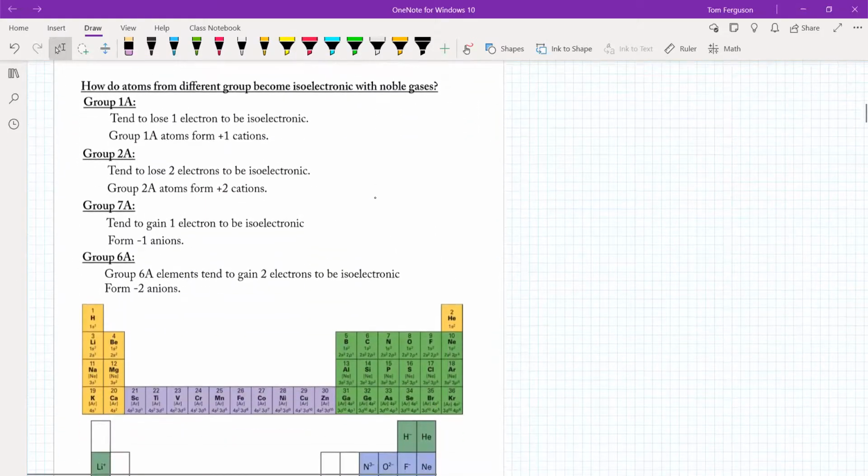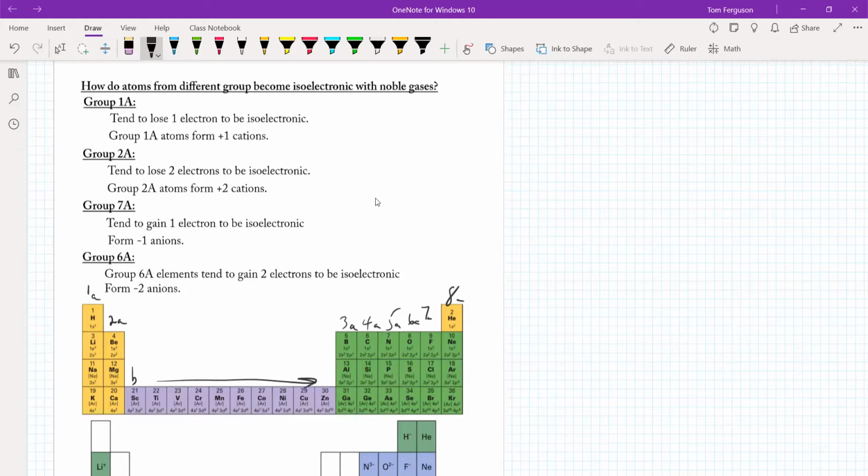Okay, so we look at group one. Group 1, 2, 3, 4, 5, 6, 7, 8. And these are A. And these are B down here.